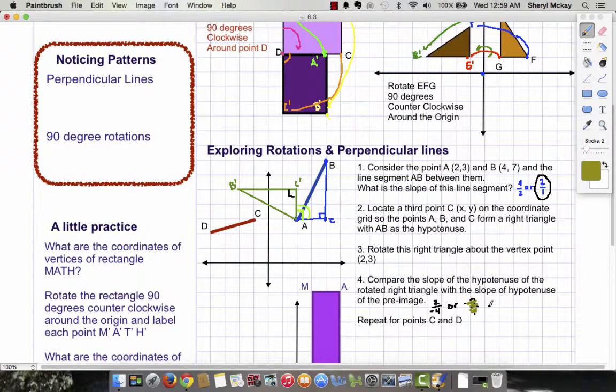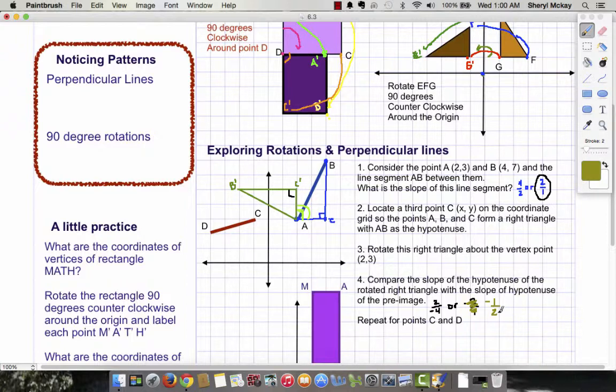It was -1/2, right? Because 2 over -4 is -1/2. Oh my goodness, almost messed up completely on that one. -1/2. So the slope of my pre-image was 2, and the slope of my rotated image was -1/2. Do you see that?